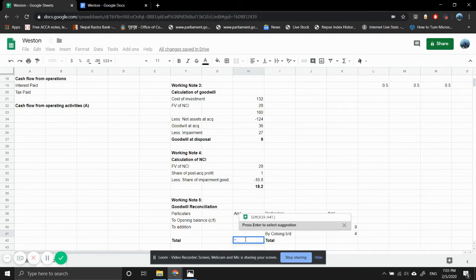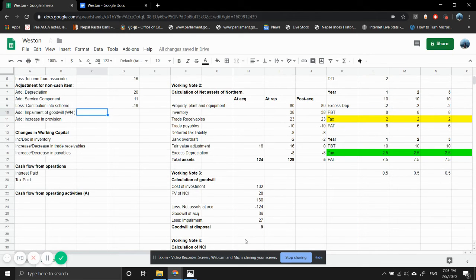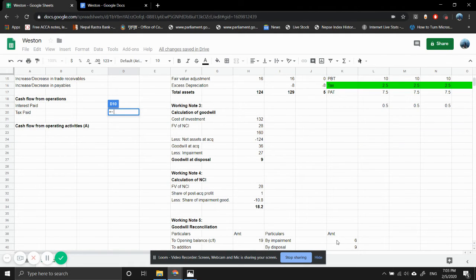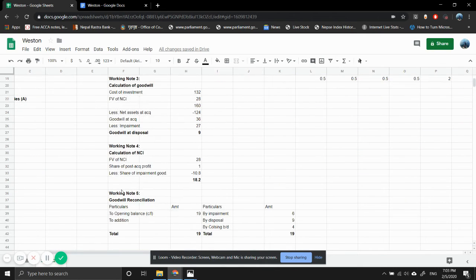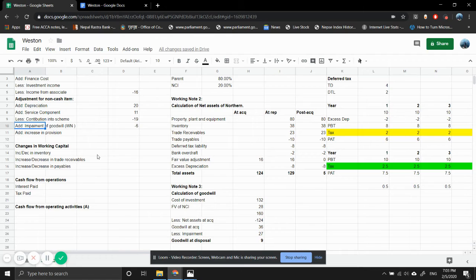So the sum of all this will be this figure, and this will be this minus 9 minus 4, 6, right? So our impairment will be 6, okay? 6 minus this figure. How much you have to do just to get one particular calculation, right? So working note 5.